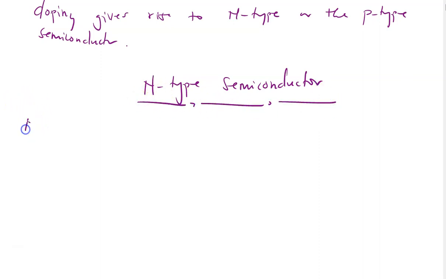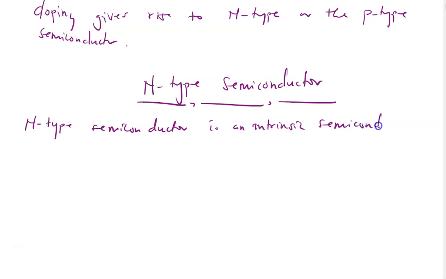The N-type semiconductor is an intrinsic semiconductor which has been doped.